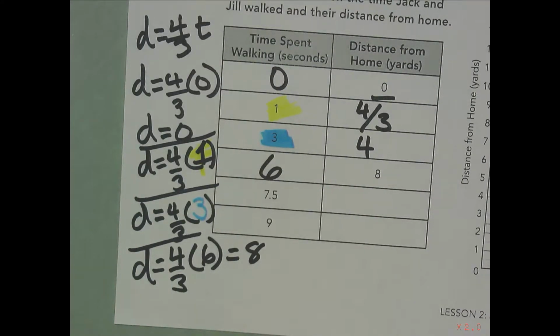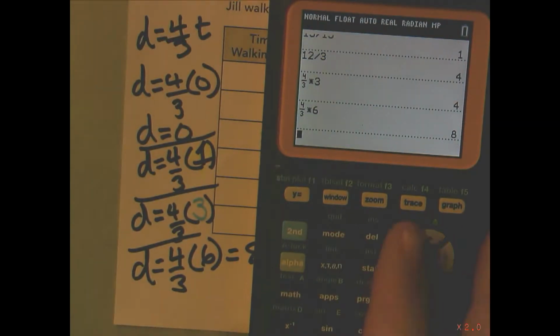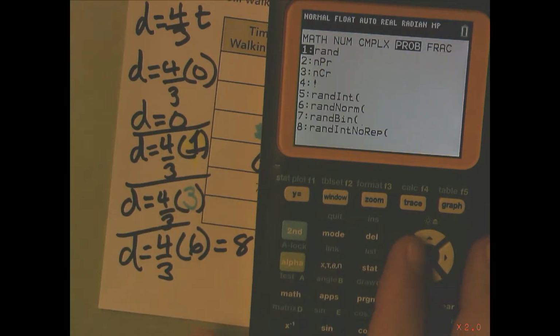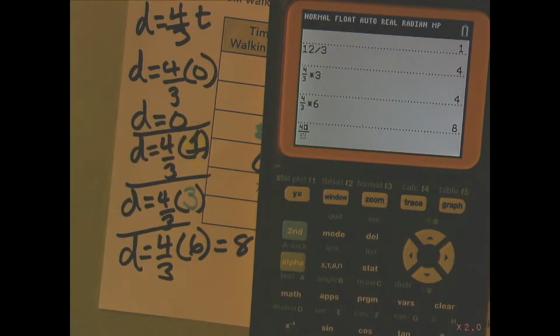Okay? Now I can do this again. The next one says 7.5. So I'm going to take my calculator and go to fraction by hitting the math button. I'm going to scroll over to fraction. I'm going to choose the fraction setup.